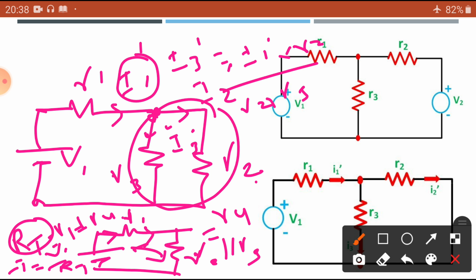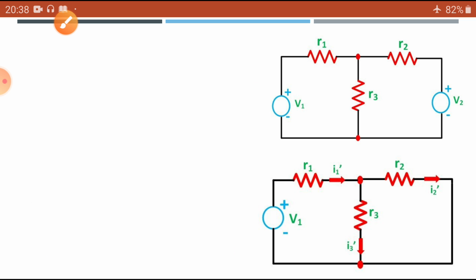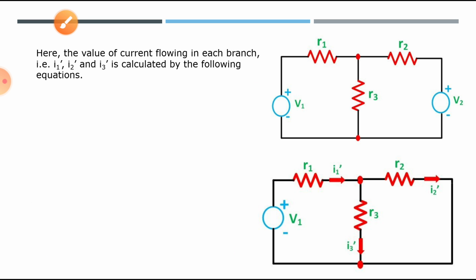This is once I considered with V1. Now, coming to the other source, same you can see here. So, what has happened here? What we have seen here is the value of the current flowing in each branch, that is I1 dash, I2 dash and I3 dash, is calculated by the following equations.